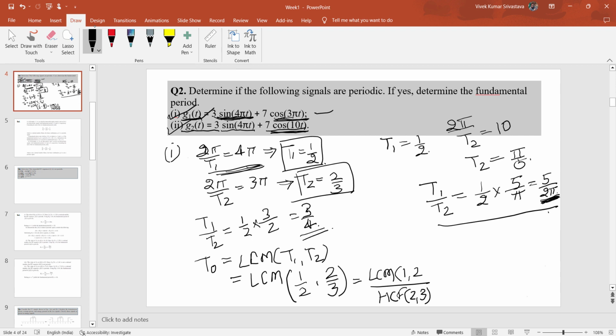If it is not a periodic signal, then there is no fundamental time period that we can find for this signal. That's how we can determine the periodicity of any combination of signals. So any doubt in this question?